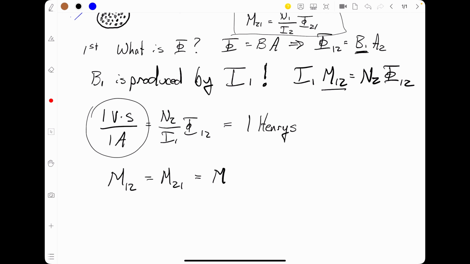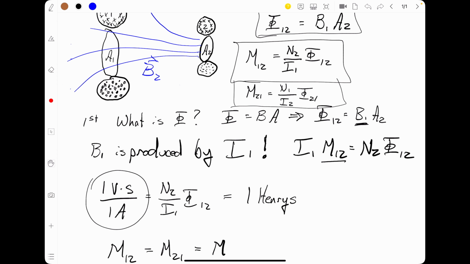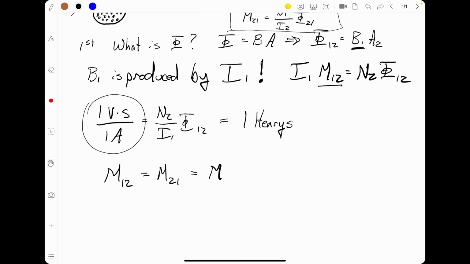Therefore, we just have this mutual inductance, okay, measured in henries, in 1 Henry or many henries. So we don't have to really worry about all of those things. We can go through and do it for one, and then we've got it for both, okay? So, cool, super cool.